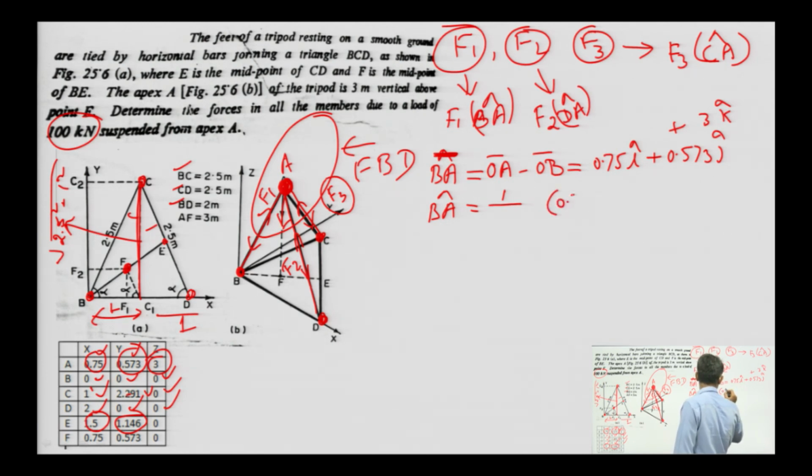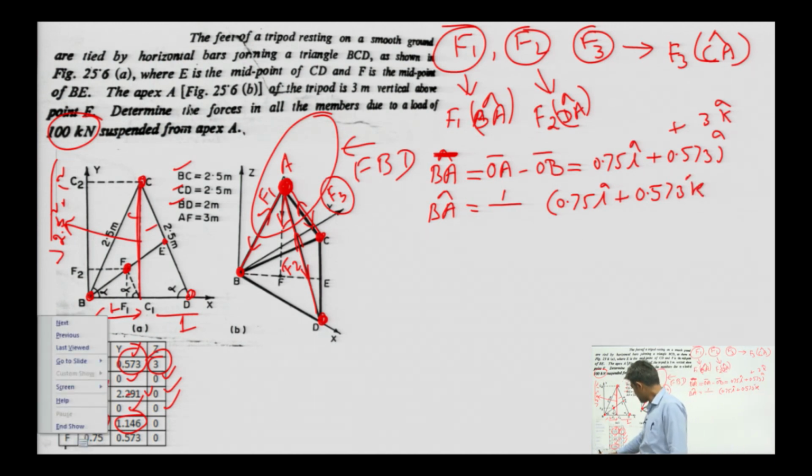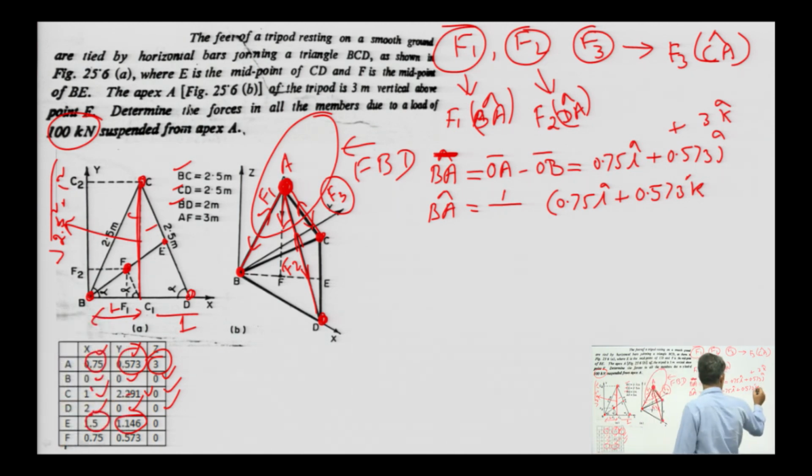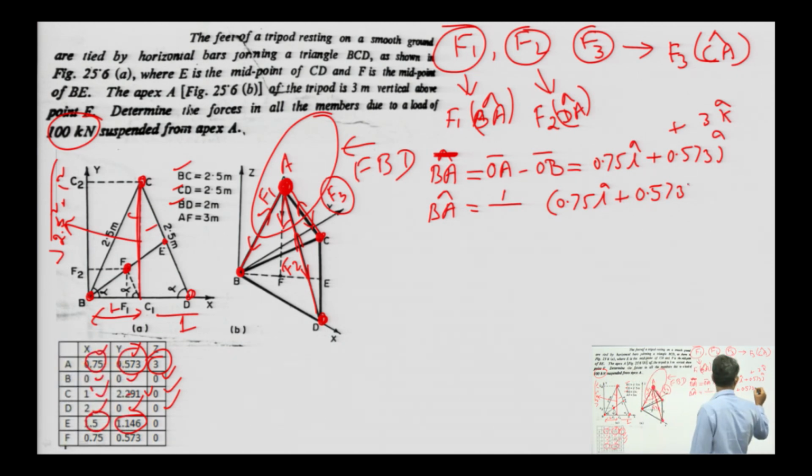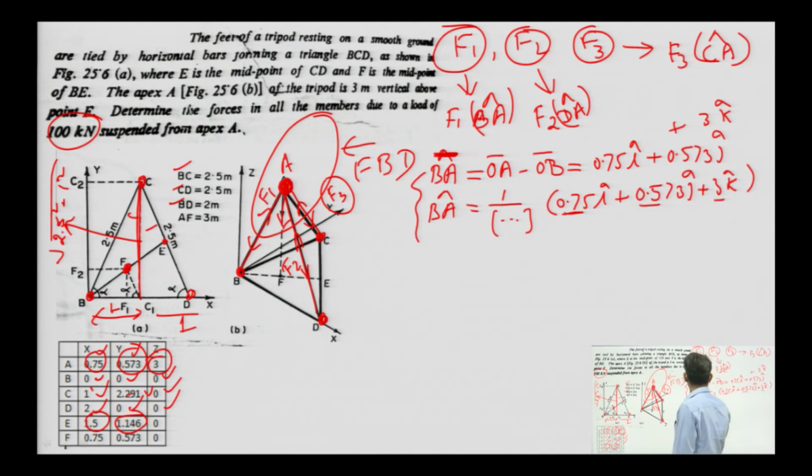So, it is 0.75 i cap plus 0.573 j cap plus 3 k cap, and its magnitude you can calculate by the square root of the sum of the squares of these components. So, BA is known to us.